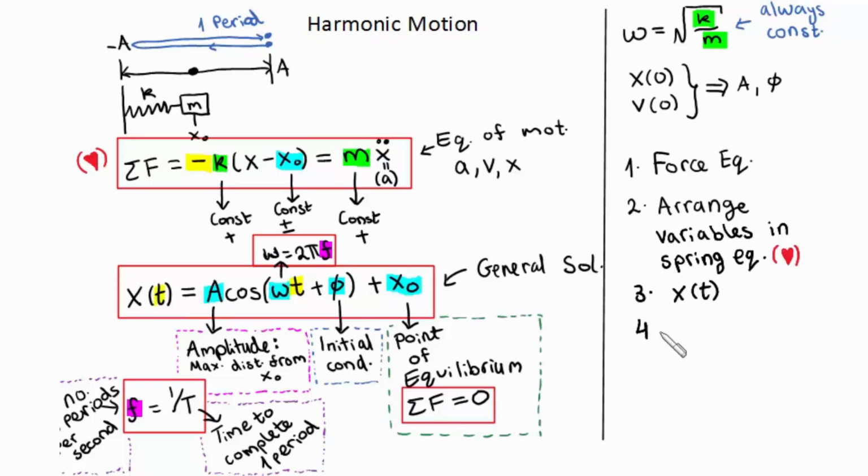Then we have to find out what our A, omega, phi is, and our x0 is obviously this x0 over here. So then we find the constants: omega, A, and phi, which we saw our omega is this, and our A and phi come from our initial conditions. That's the end of the introduction.